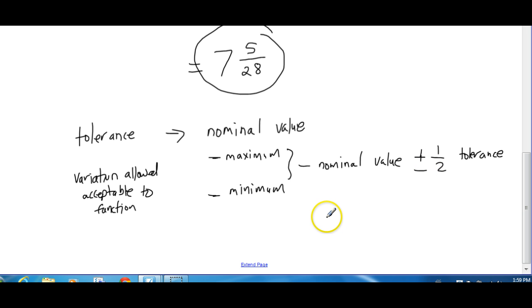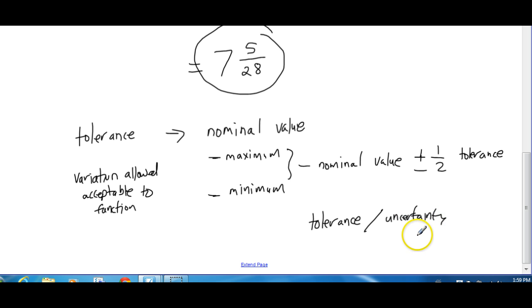Now you see we've got plus or minus here. That kind of looks similar to maybe our previous lesson of talking about uncertainty. But tolerance, even though we use plus or minus here, is not the same as uncertainty.